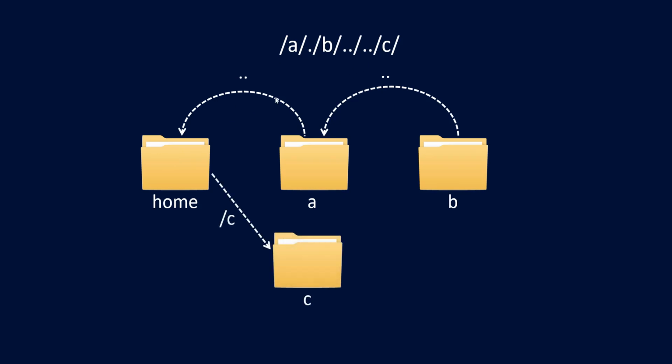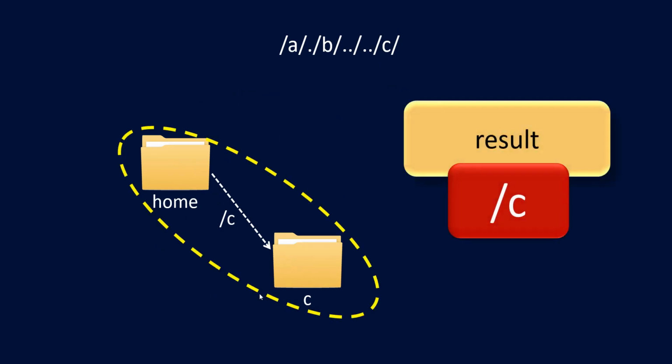After this I am going to slash C. So from home I am going to C. My simplified canonical path will not contain all these operations of going in and coming out. It will only contain this slash C, that is from home, the directory I am in. So the simplified path is slash C. That is my answer.